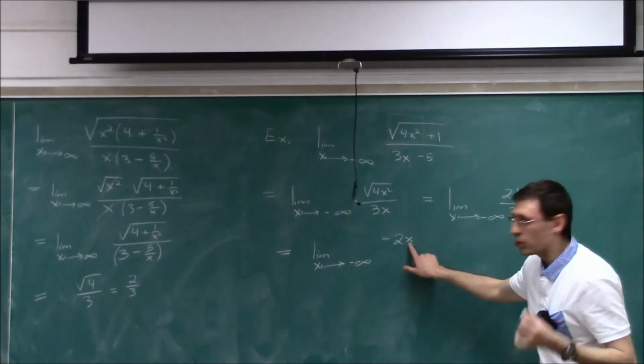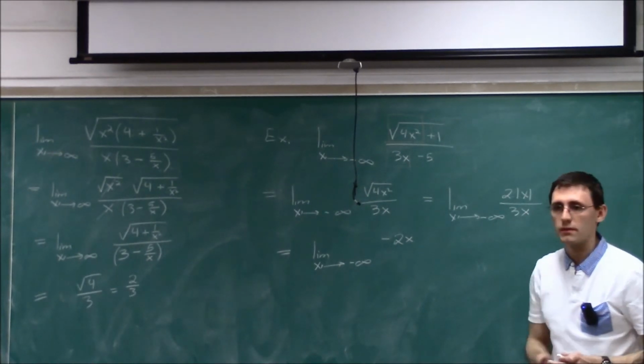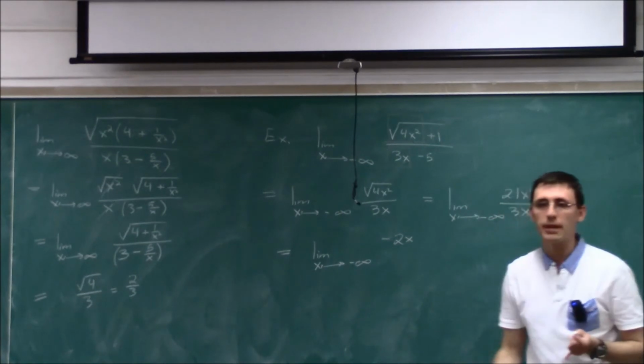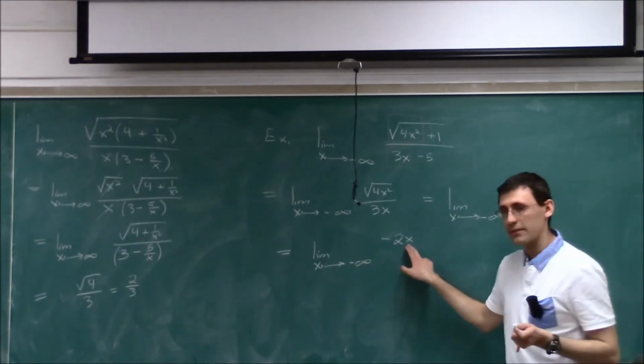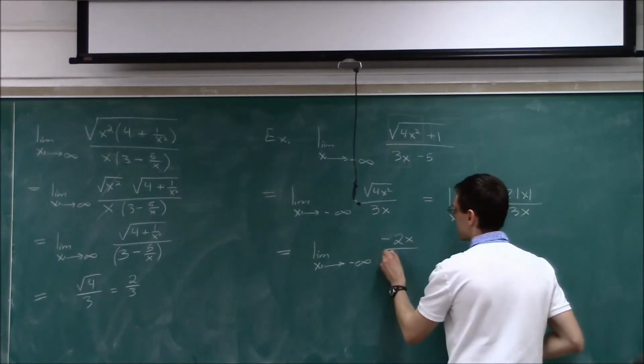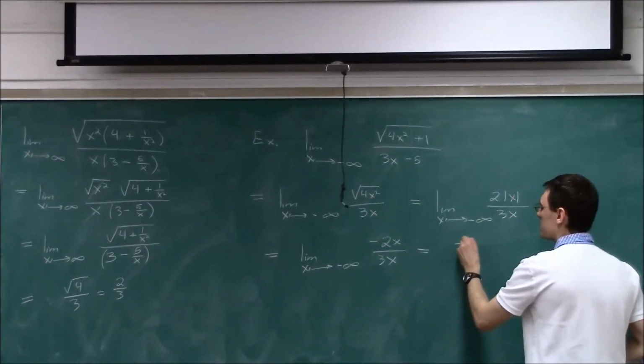You see, you look at x as one whole thing, and it's natural for you to assume x is positive. But no, x is a placeholder. It could be a placeholder for a negative number or a placeholder for a positive number. In this case, it's a placeholder for a negative number. So now we cancel out the x, and the answer is minus 2 over 3.